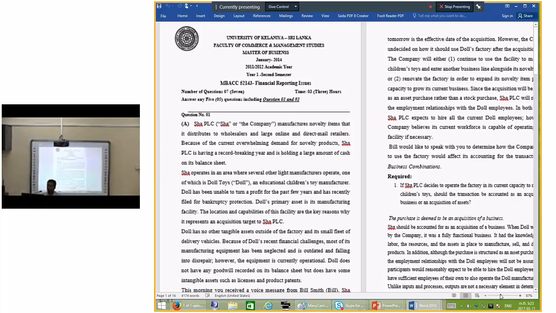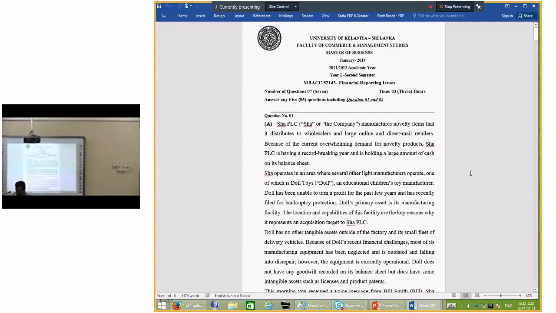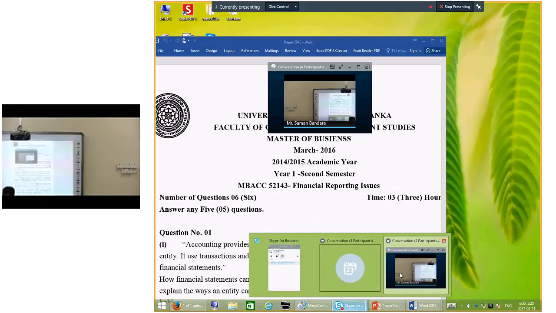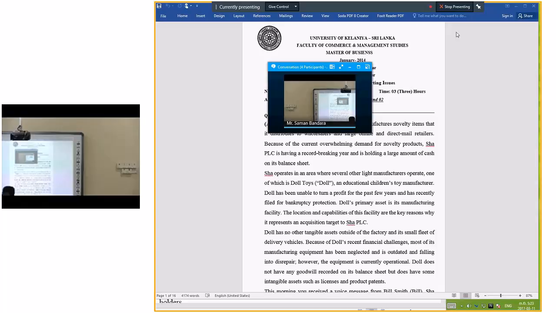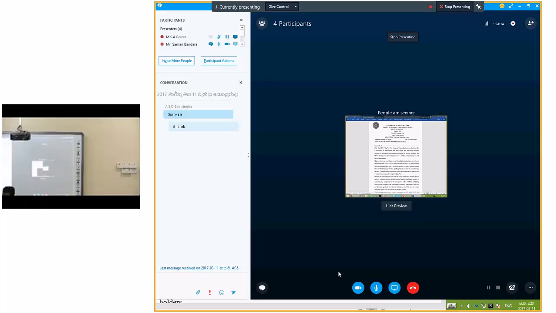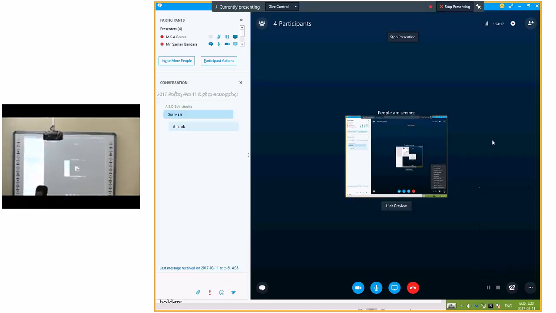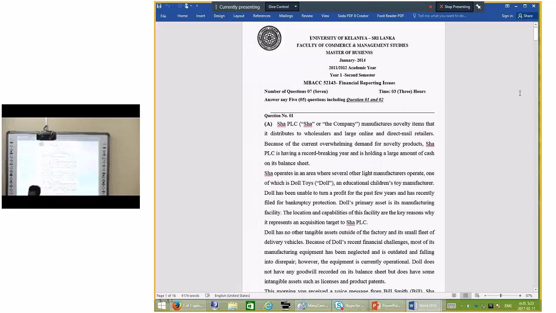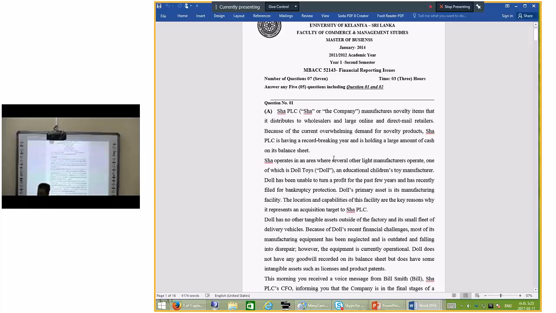Right, look. This is one of the case studies that we already discussed in the first semester exam. Ben and Shah's story we have already discussed, therefore I am not going to discuss it now.